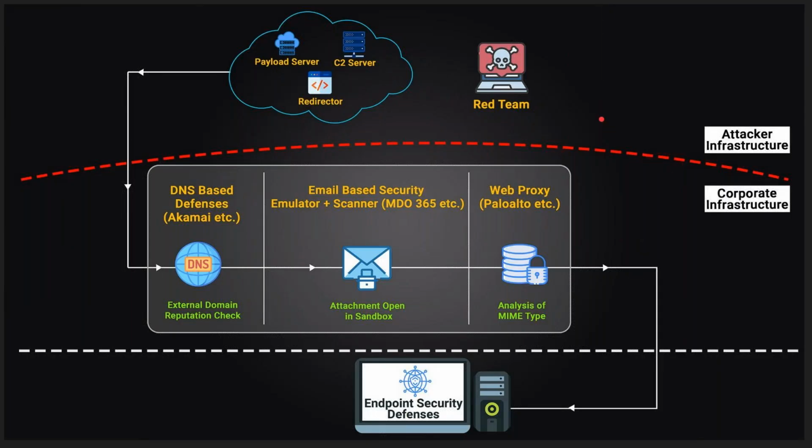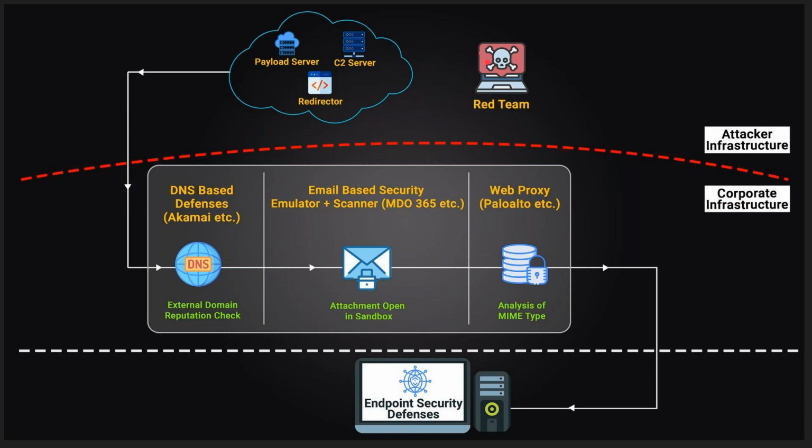So let's look at how the current or the existing security control architecture looks like. This is just a very high level overview of the things. As you can see, as of now it's divided into two phases. One is the external infra, where the attacker has placed their own infrastructure, their own network, and the second is corporate infrastructure.